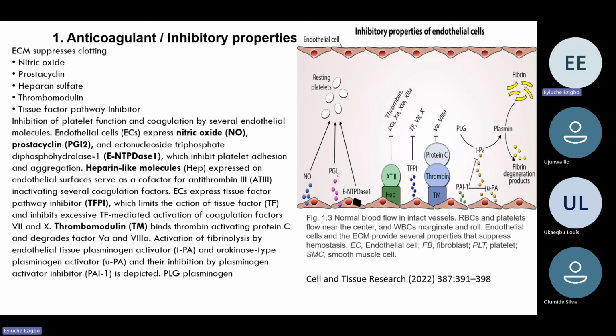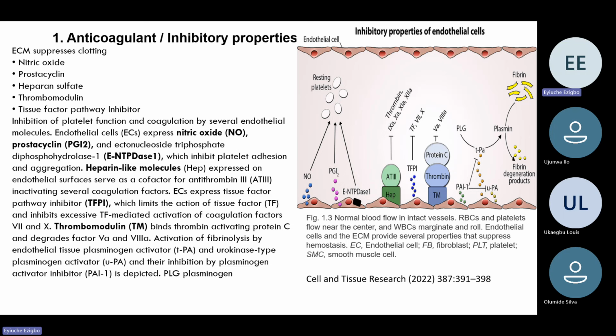White blood cells migrate and roll. Endothelial cells and the ECM provide several properties that suppress hemostasis. This is the same diagram depicting how the endothelial cell properties contribute to making the blood remain fluid as it circulates in the body.